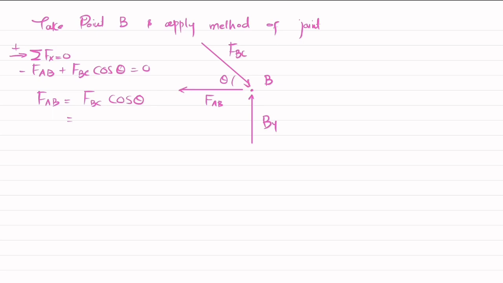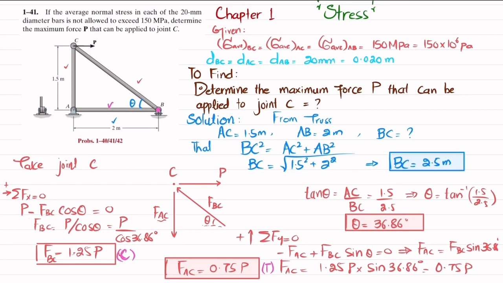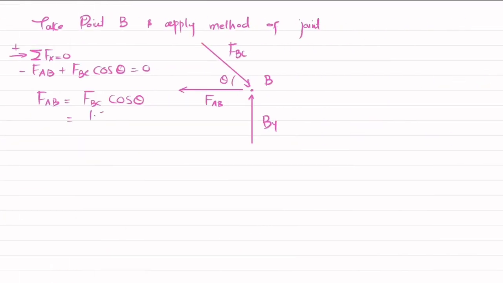FBC, which we have calculated, is 1.25 P. So 1.25 times P, and cos theta is 36.86 degrees.